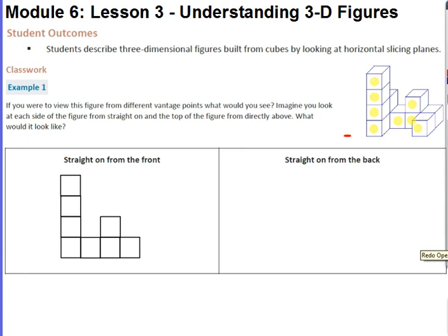Now if I want to look at this from the back, we can't actually turn this figure around, so what we can do is just imagine walking around to the back of this figure, and you can see while it looks slightly different from the back, the view in terms of looking at it straight on may not be that different, because when we picture this, you can see this block right here.